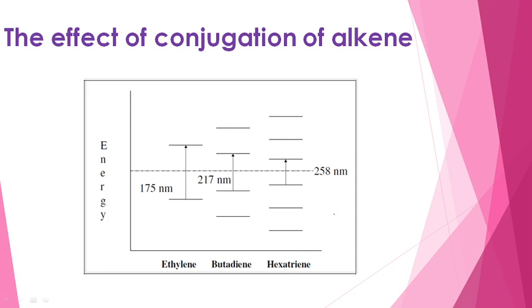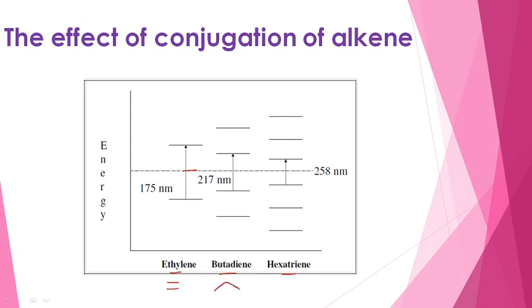Here I am taking a few more examples, and just see this. So here I am taking ethylene and then converting it into butadiene and then hexatriene. For the case of ethylene, only one pi bond is present.